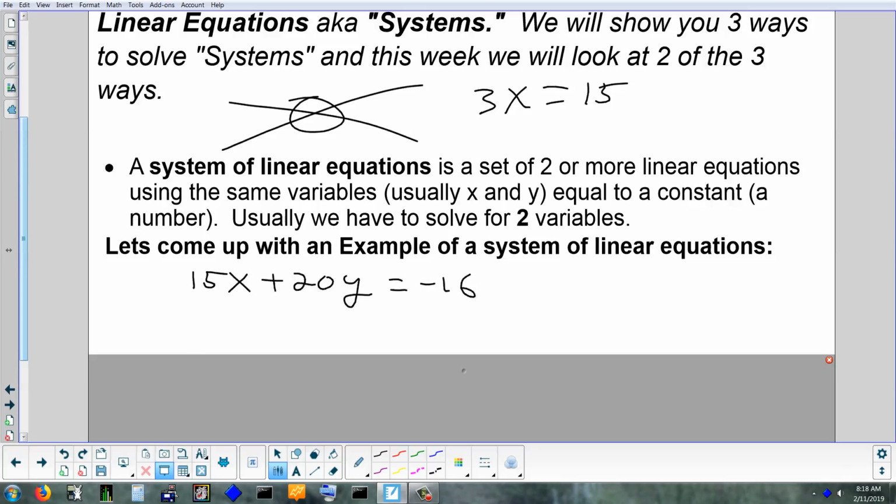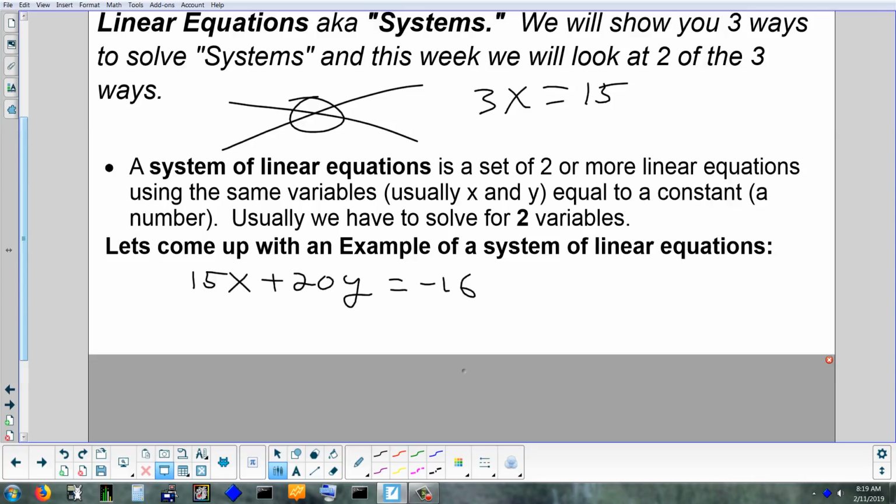Perfect. She gave me one where the y wasn't by itself. Can somebody give me another one where the y is by itself, like the y equals mx plus b form, like the first one that we graphed in the warm-up? Alex, can you give me one like the first one in the warm-up, for the graphing?